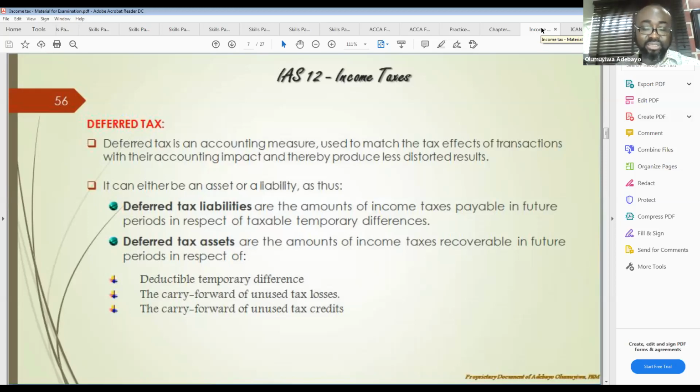What it simply means is this. You have tax credit that were not used this year. Supposing they were used, your tax would have reduced, but they were not used.